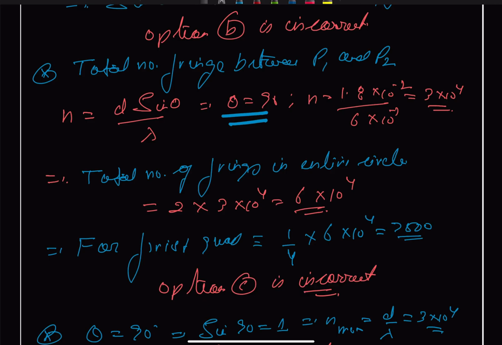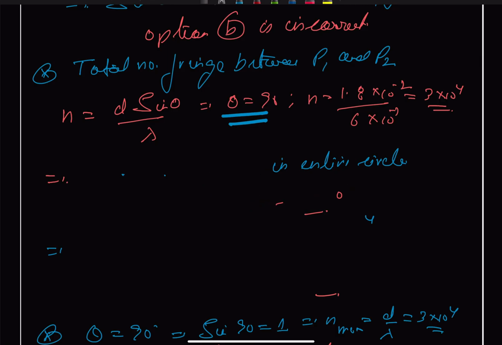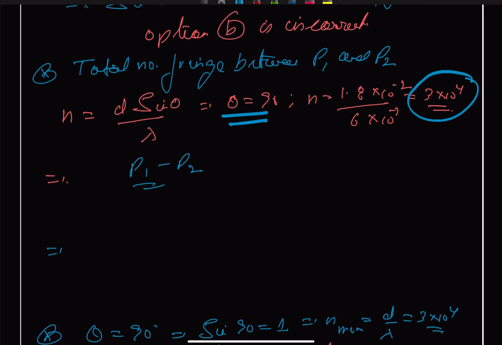So the total number of fringes between P1 and P2, in the first quadrant, is close to 3000.